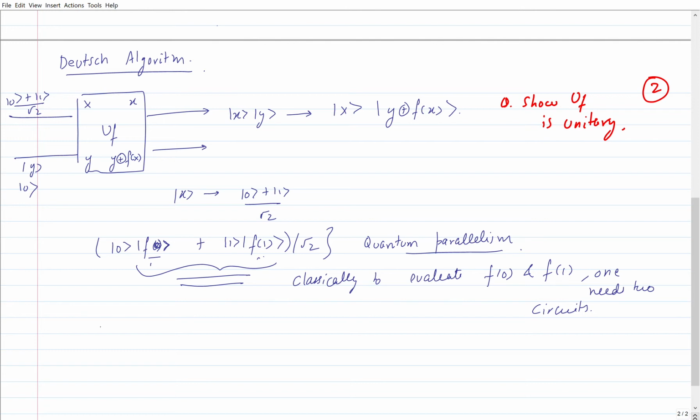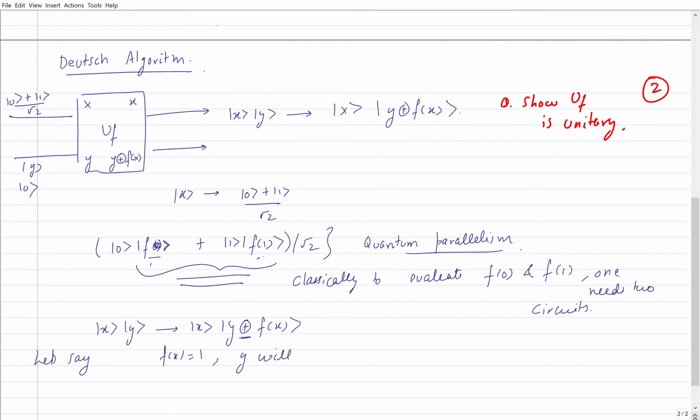And let's see, you have x over here. Now if fx is 1, then for example, let's say fx is 1, then y will flip.